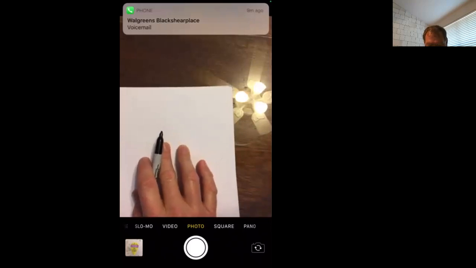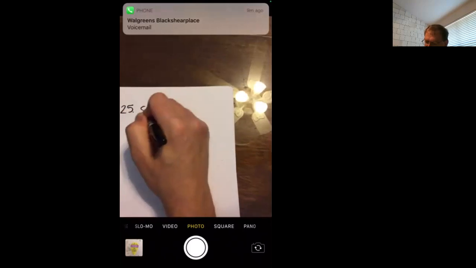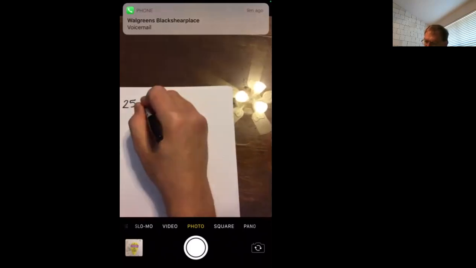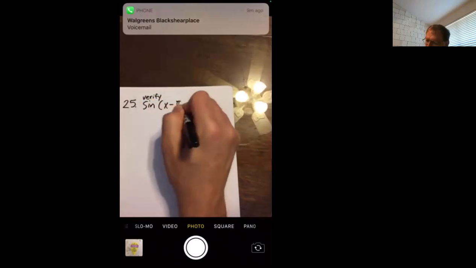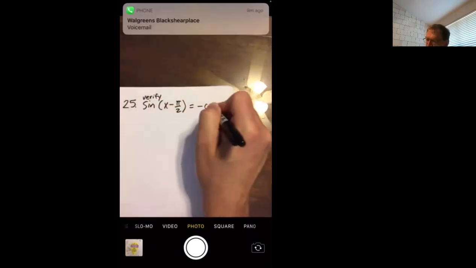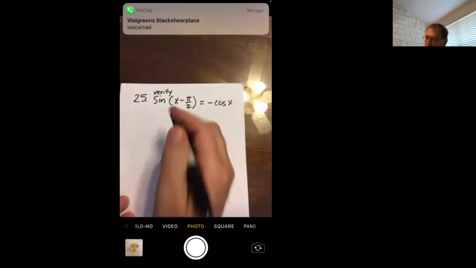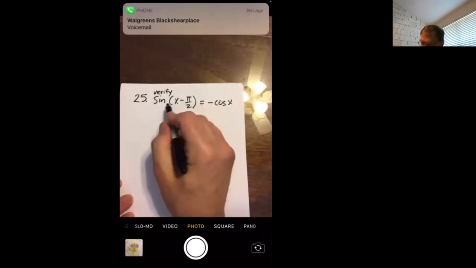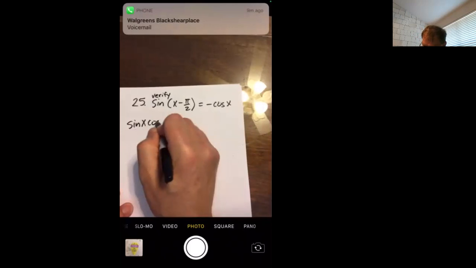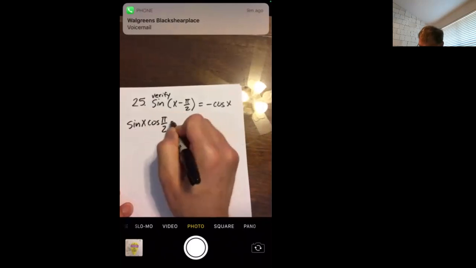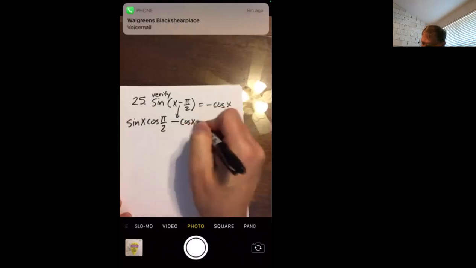Why don't we try 25? Verify. The sine of x minus pi over 2 is a negative cosine of x. I hope you got your formulas memorized. See, it matches sine of first, cosine of second, minus cosine of first, sine of second.